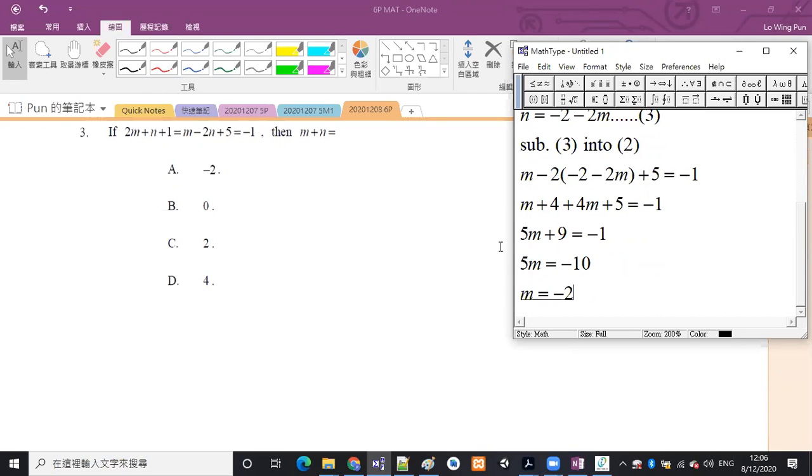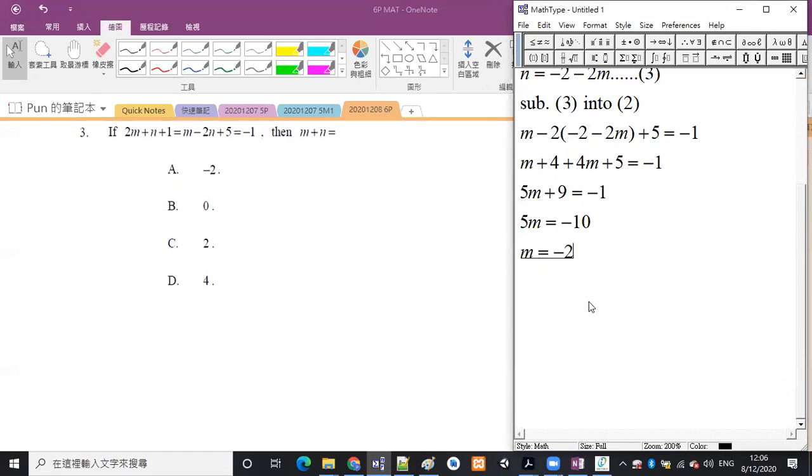When you have found the value of m, you substitute the value of m back into equation 3. So m equals negative 2 into 3, and n will be negative 2 minus 2 times this m, so it will be equal to 2. So n is equal to 2.